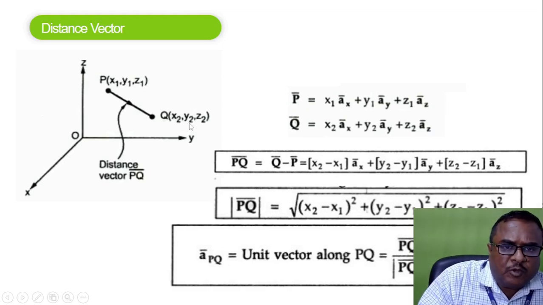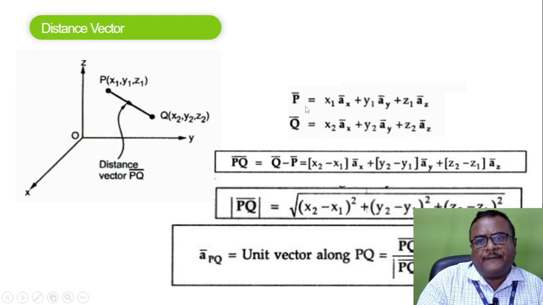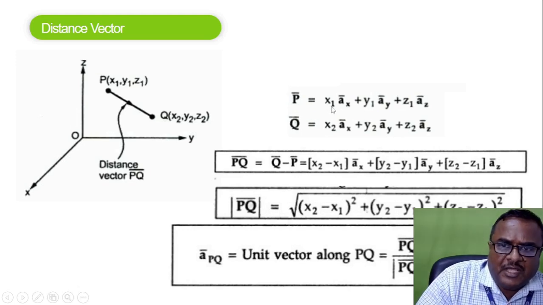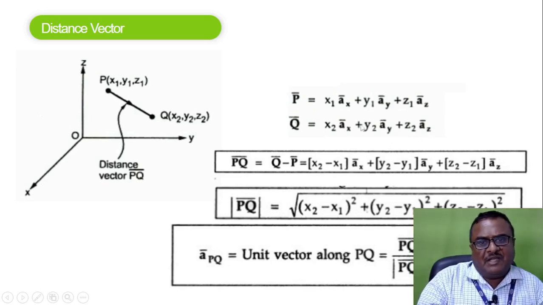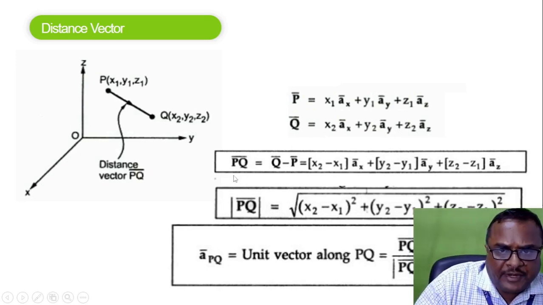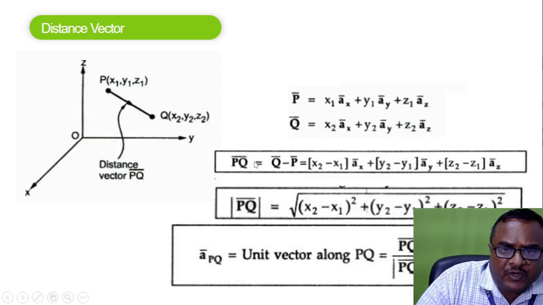Then another point in the Cartesian xyz system, Q of x2, y2, z2. So I can write the P vector equal to x1 ax cap plus y1 ay cap plus z1 az cap. Similarly, the second vector Q equals x2 ax cap plus y2 ay cap plus z2 az cap.